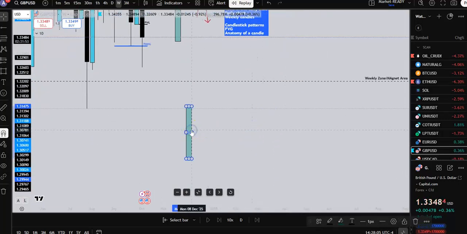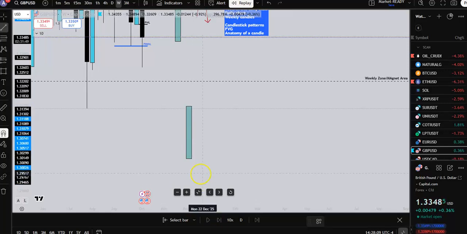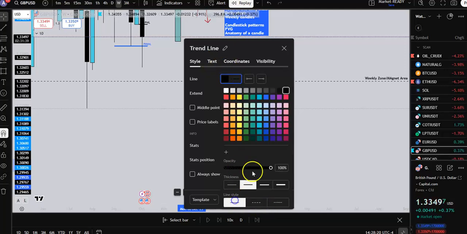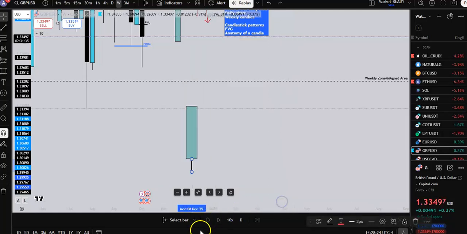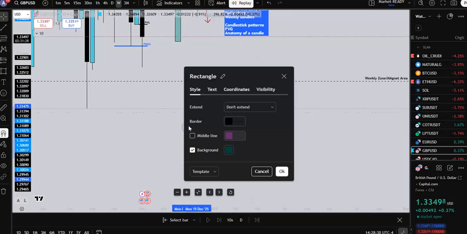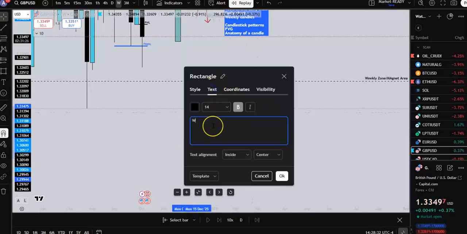So this is a bullish weekly candle with a wick. So this will be our weekly candle.